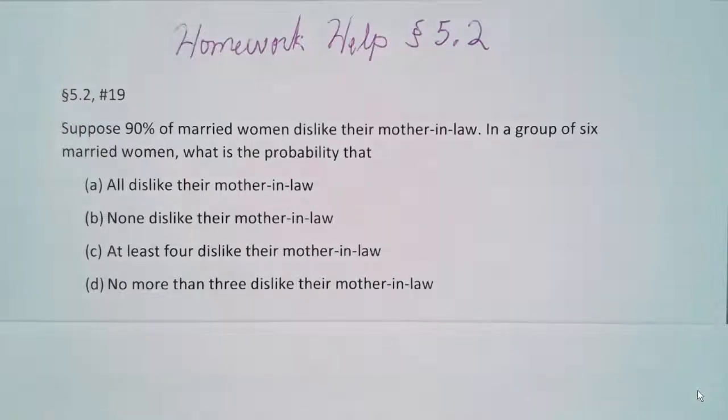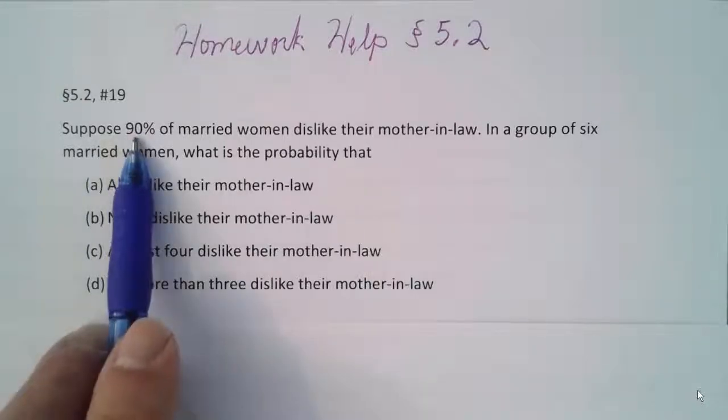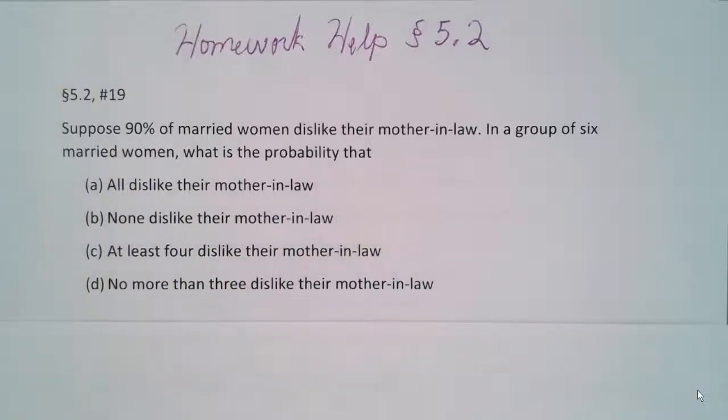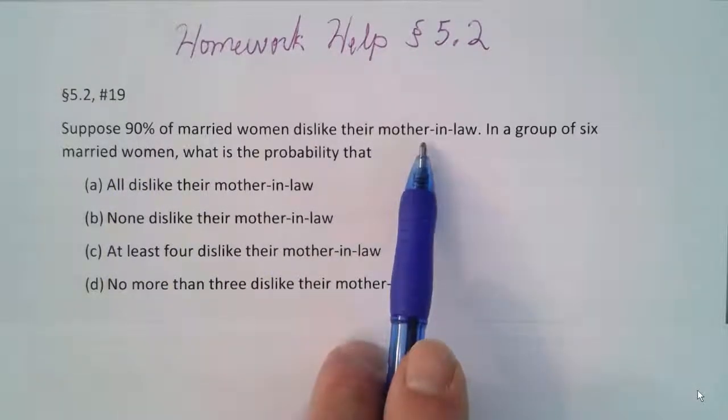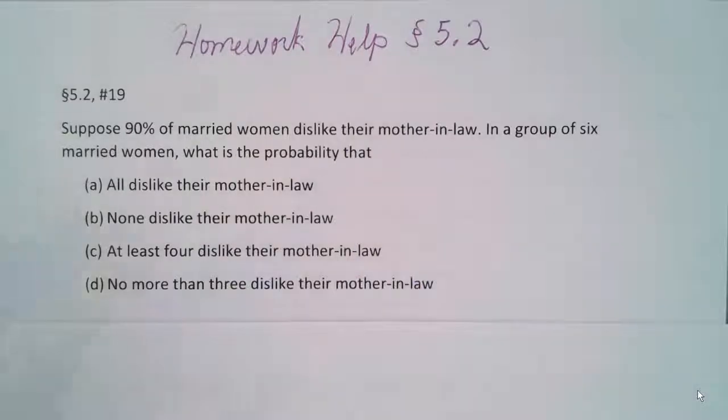So every trial has one of 2 outcomes, success and failure. The probability that we get a success on any particular trial is fixed, in this case at 90%, and finally that the trials are independent. We don't assume that what one woman thinks of her mother-in-law much influences what another one does.